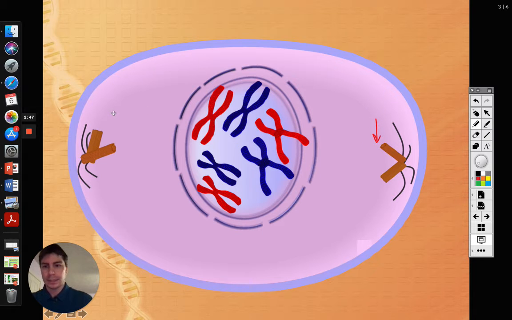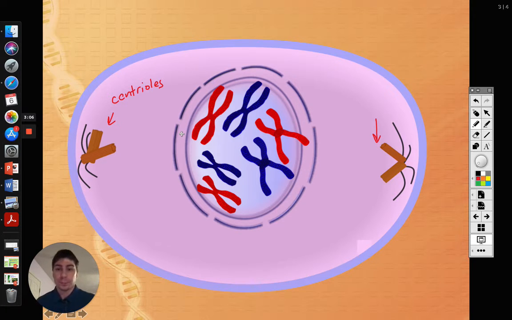These here, I'll only write it on one side. These are our centrioles. And if you remember, whenever we went over all the cell structures, we talked about centrioles, and we said they play a role in cell division, but that was pretty much all we said. This chapter, we're going to learn actually what the centrioles do.